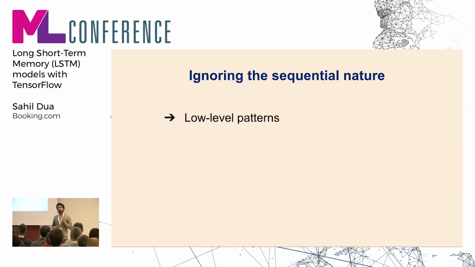It's probably going to start by learning some low-level patterns like detecting edges, some objects, and some curves in the image. And as we feed more data, it's going to learn some high-level features like a face or body or some animal or object.